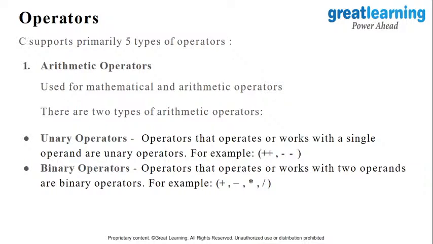You will write a plus plus, which means we are incrementing our variable by one. Then we have binary operators, which have two operands. Let's suppose operand 1 is A, that is 5, and operand 2 is B, that is 6. You use the binary plus sign to add those two together. So we have unary and binary.